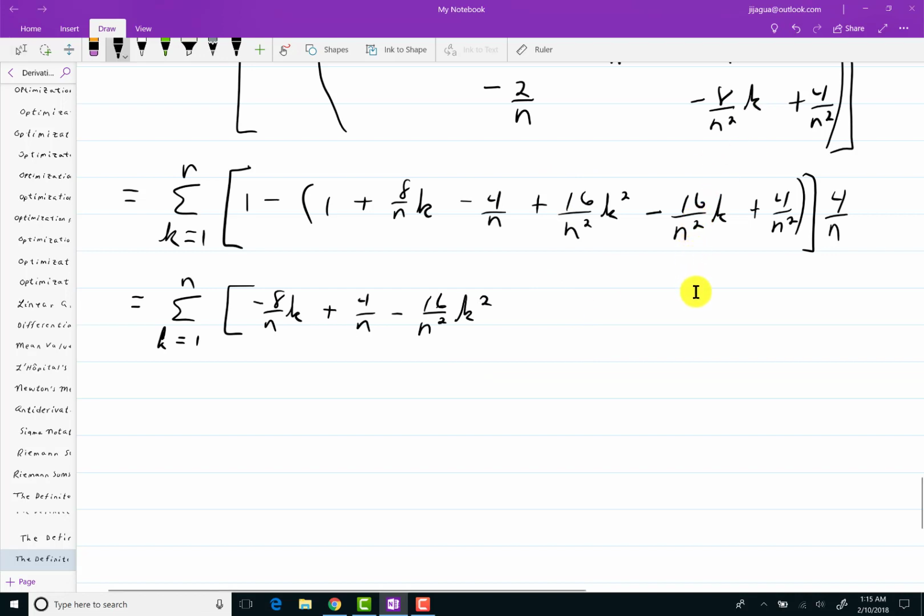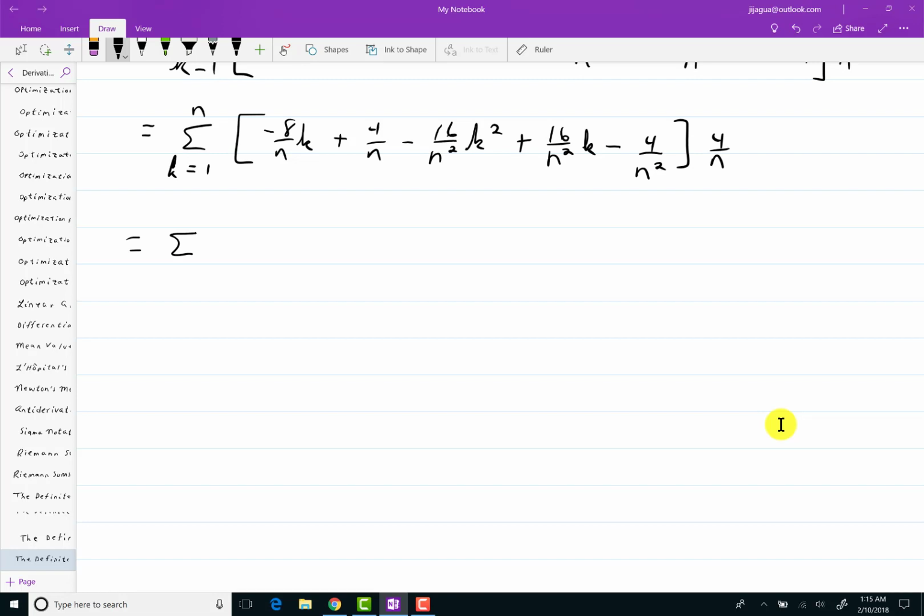Plus 16 over n squared times k. Minus 4 over n squared, and then end the bracket 4 over n. Let me just check, make sure the 1s got out of there. Negative in front of the 8 over nk, positive in front of the 4 over n, negative in front of the 16 over n squared k squared, positive there, positive there. Let me go ahead and multiply the 4 over n through.